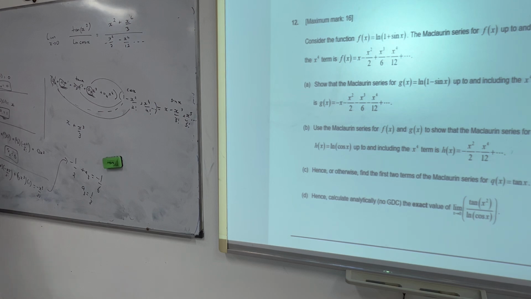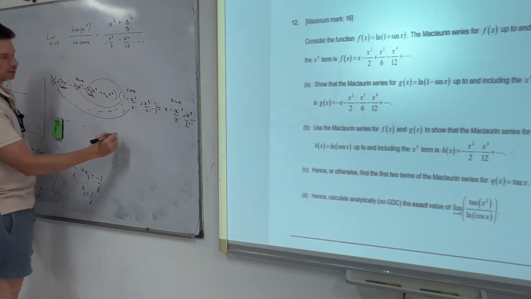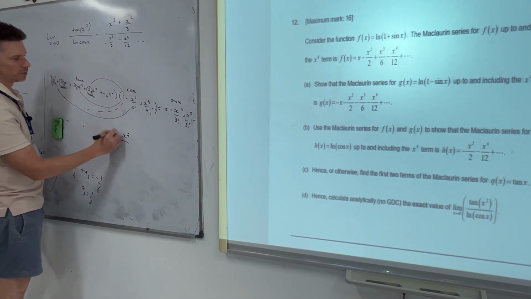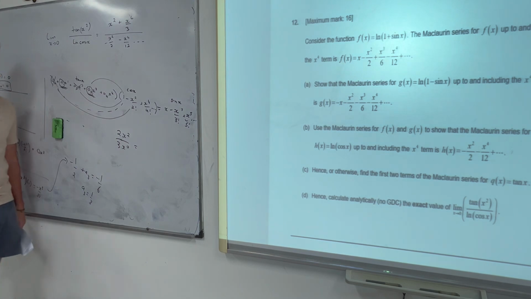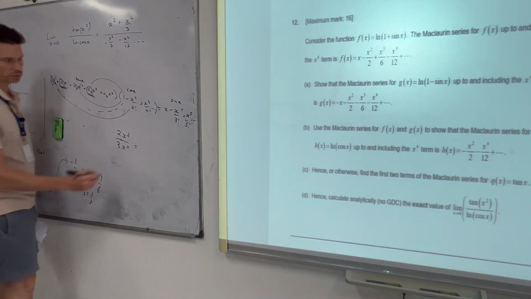If you ever saw, let's say, 2x squared all over 3x squared, what would you write? 2 over 3, yeah.